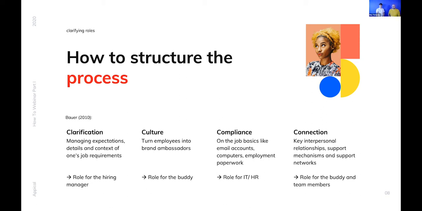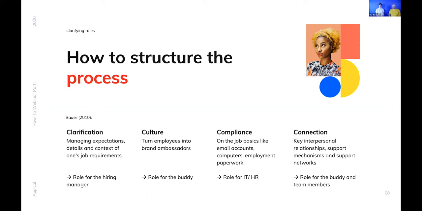In the model, the first is compliance. So everything that needs to be done is done. Like all the hygiene factors, like having an email account, having the tools that you need to do your job. All the paperwork is done, but also that you know which laws are applicable for your job and that you apply them.